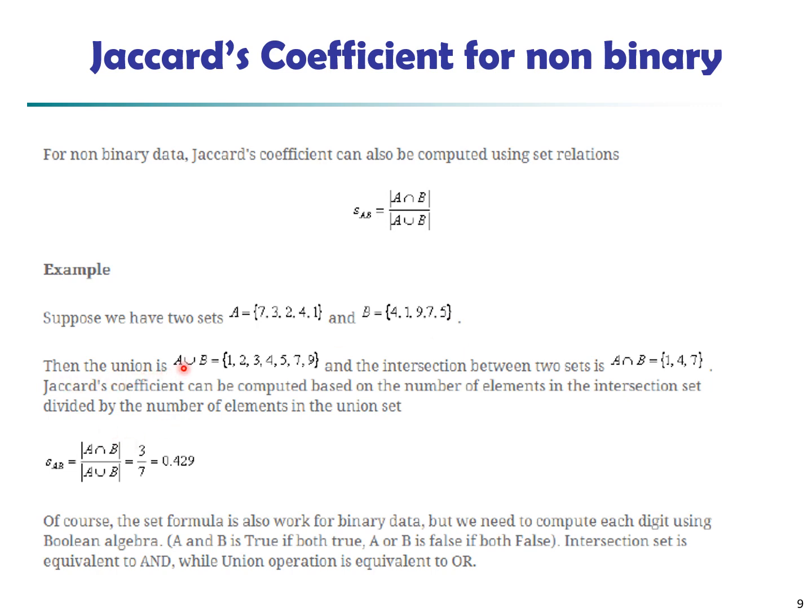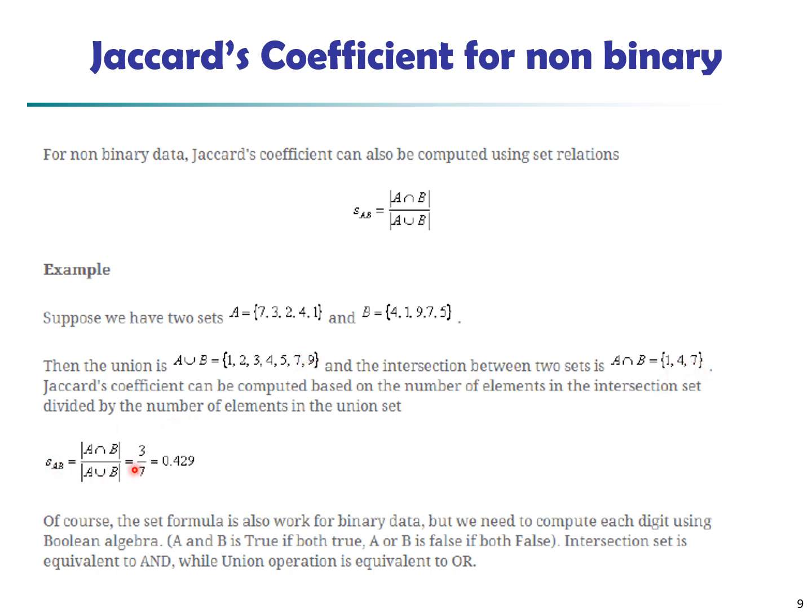The union of A and B will be the set of unique values between them, and the intersection will be the shared values between them. If you see it, the union consists of 7 values, and the intersection consists of 3.